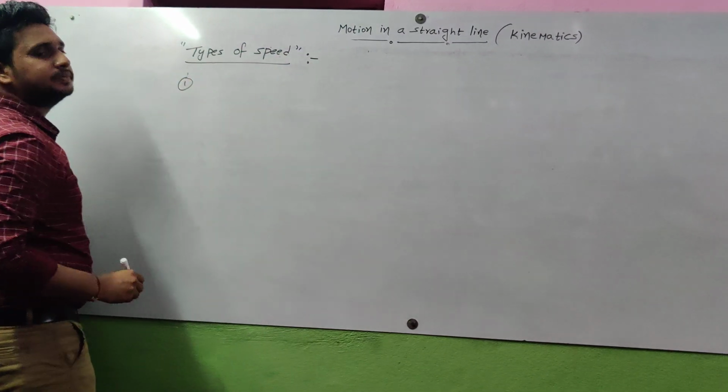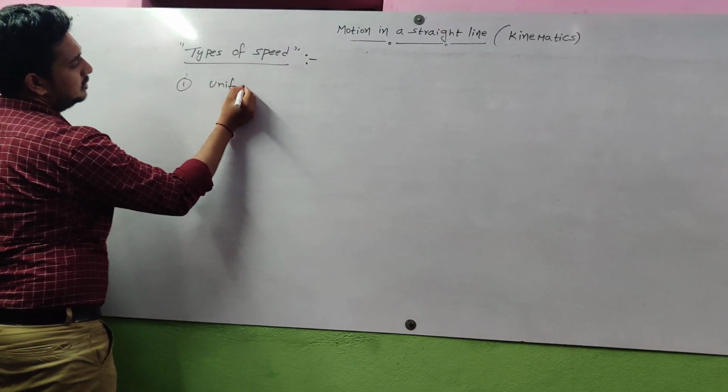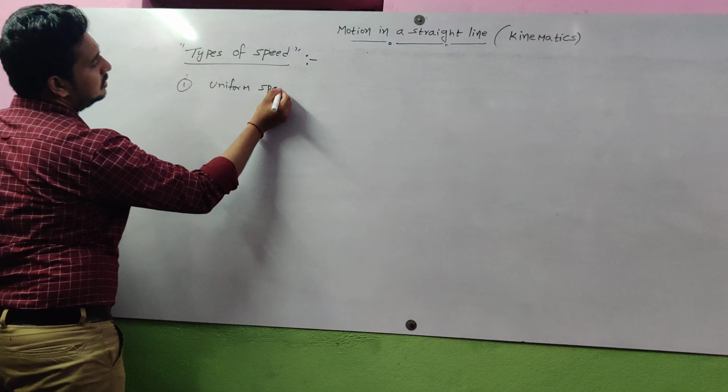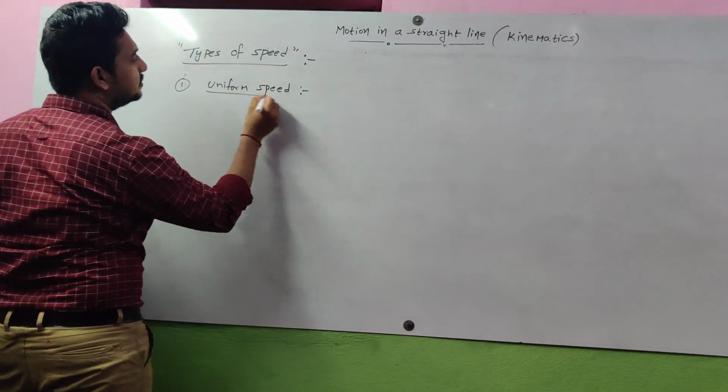The first one is uniform speed. What is meant by uniform speed here?